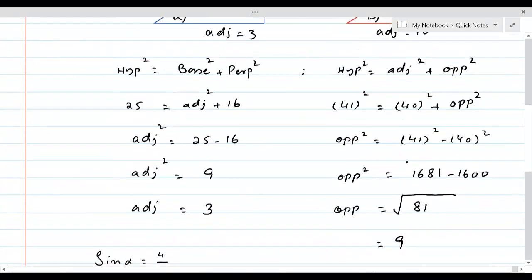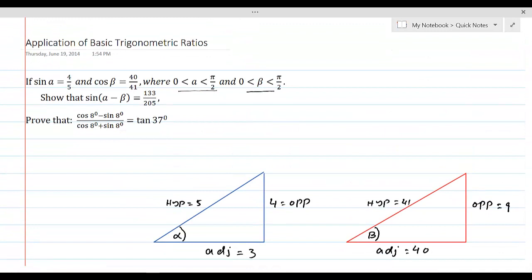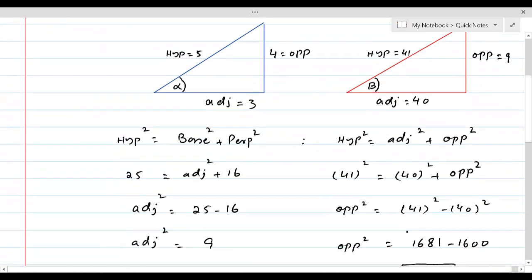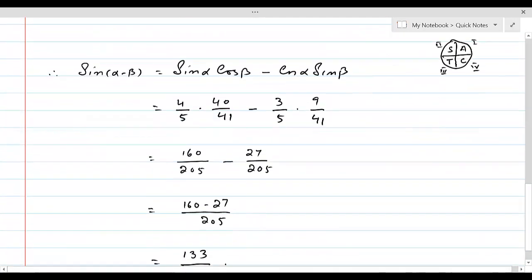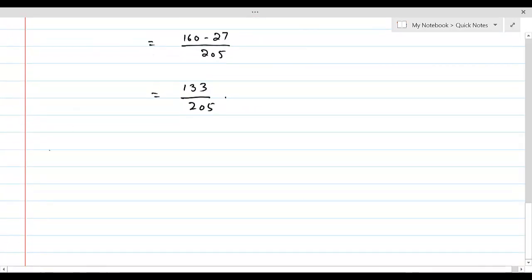So for the next question, we are given to prove that tan 37 degrees is equal to cos 8 minus sine 8 over cos 8 plus sine 8. So let's get started with tan 37. Question number 2, tan 37 degrees.